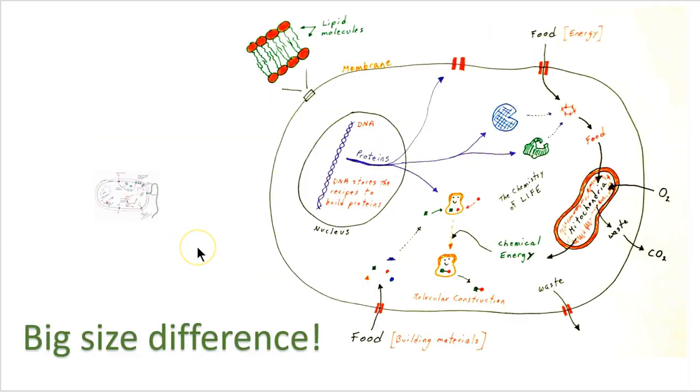Now let's discuss the size difference between the two kinds of cells. Bacteria are very small compared to the complex cells. So while there are many similarities between the two types of cells, as well as a couple of notable differences, mitochondria and nuclear membrane, the size difference is another very big difference between bacteria and complex cells.